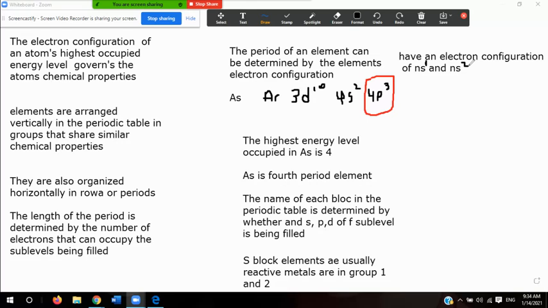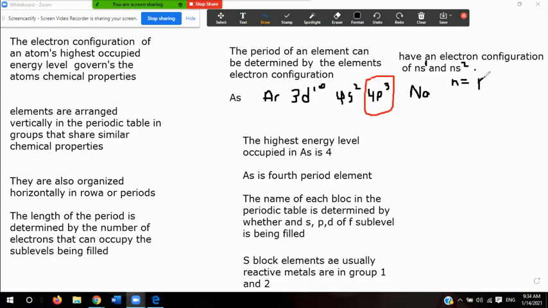Sodium, which is a group 1 element, is in the third period. If you look at your periodic table, remember, horizontally, third period. For ns1 or ns2, n indicates the period in which the element is located.